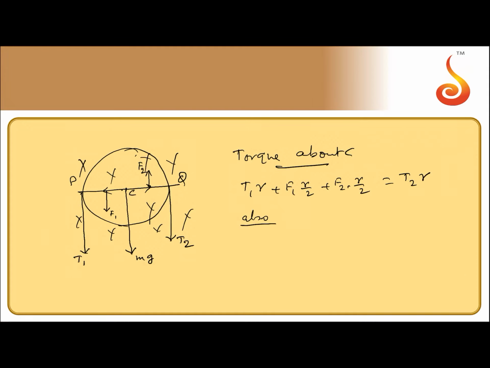Also we can see that T1 will be equal to mg and T2 will be equal to 2 mg. So let us put the value of T1 and T2. So mg into R plus F1 is Bi R square by 2.